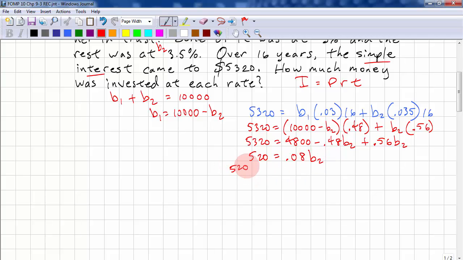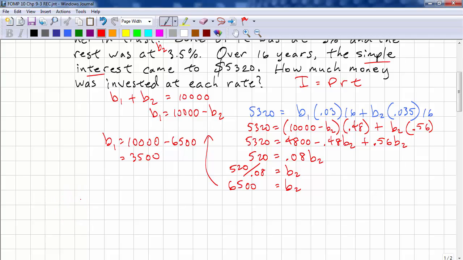We do 520 divided by 0.08 equals B2. And B2 works out to 6,500. Plug this back in. We get B1 equals 10,000 minus 6,500, and we get 3,500.